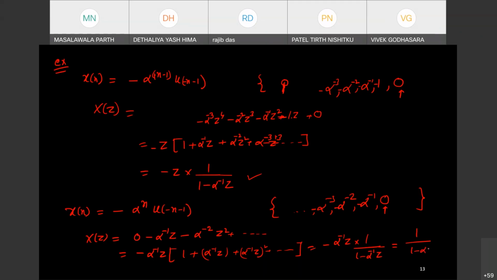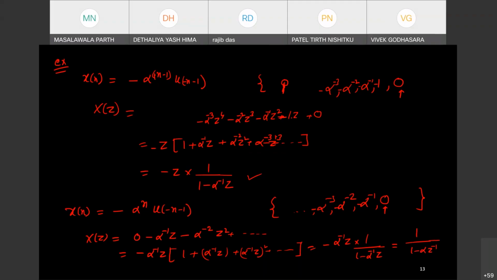So 1 minus alpha z to the power minus 1. I think you will get the same result. Is it fine? So you see, you will get the same Z transform for negative sequence.